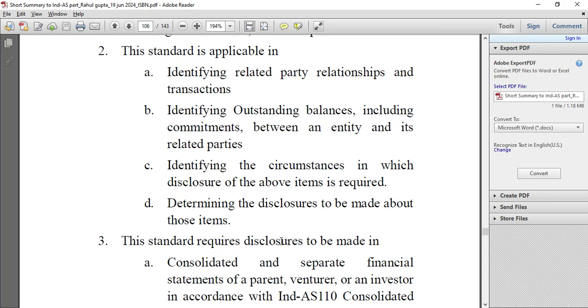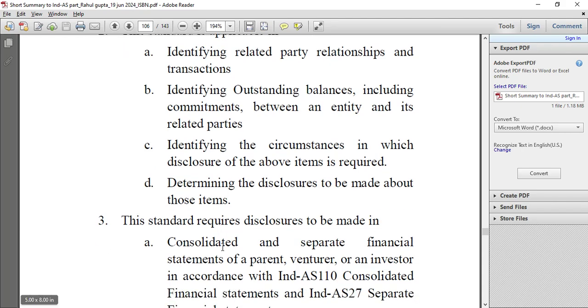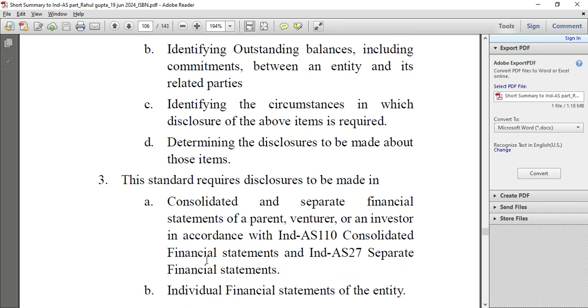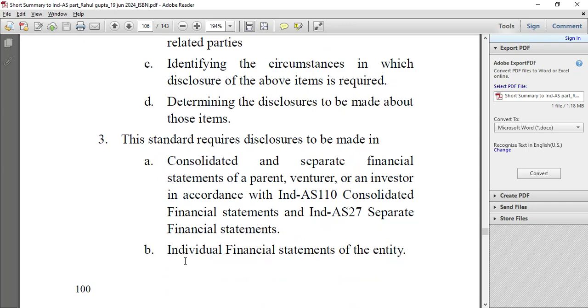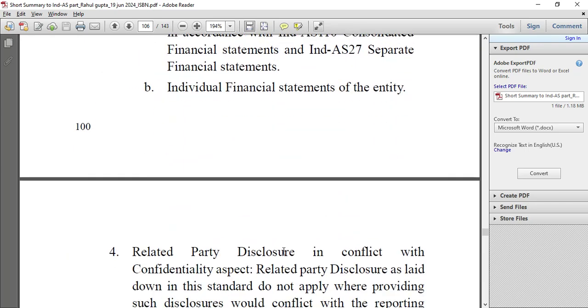This standard requires disclosure to be made in consolidated and separate financial statements of a parent, venturer, or an investor, in accordance with Ind AS 110 Consolidated Financial Statements and Ind AS 27 Separate Financial Statements, and in the individual financial statements of the entity.